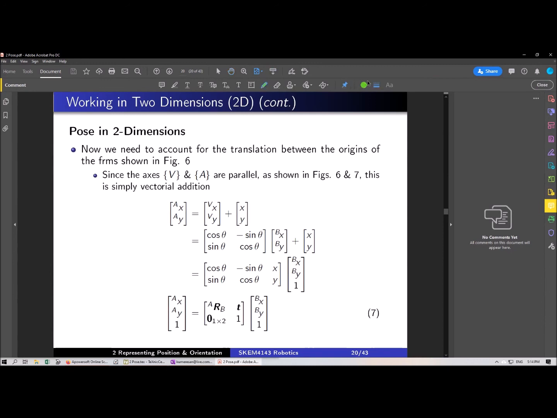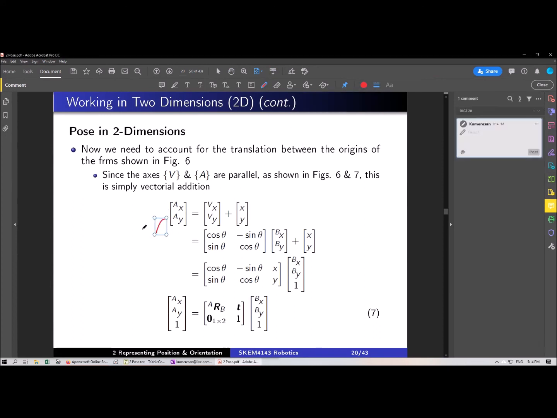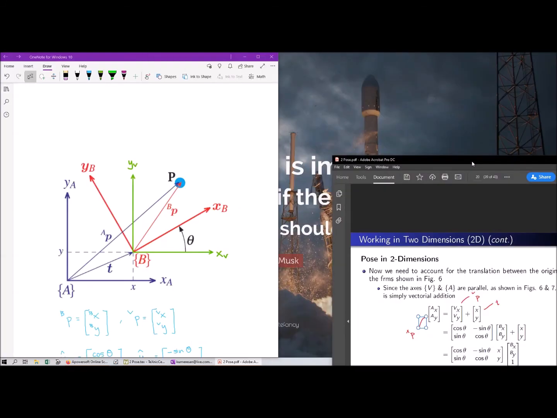Recall that this is PA, the description of the point with respect to coordinate frame A, and this is PV, and this is T, the vector. Okay, let me try to close this.